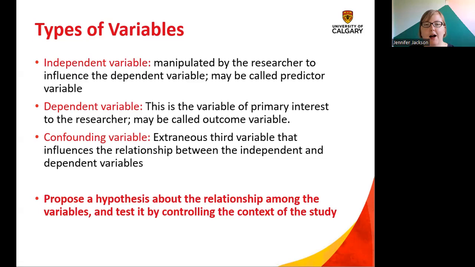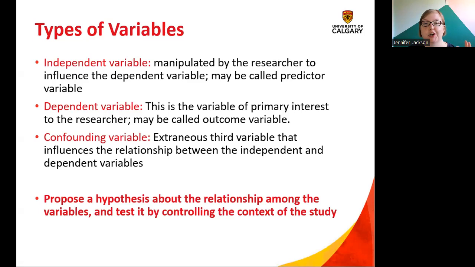So how we look at these variables is by controlling the context of the study. In this case, with our independent variable, we would probably say we're going to offer students in one section a flipped classroom approach, and students in another section of the same course are going to get regular didactic teaching, and then look at the student grades as the outcome.